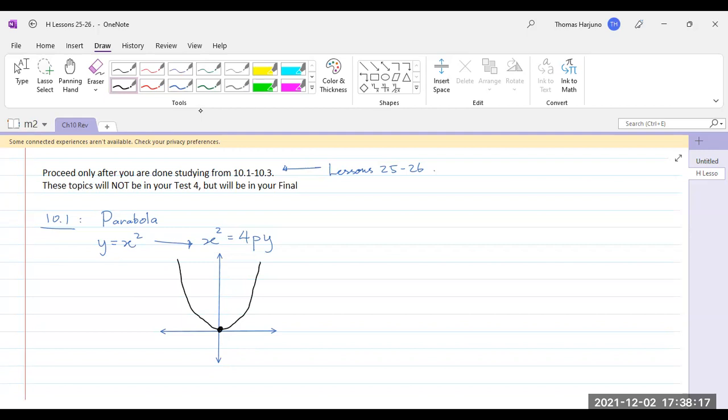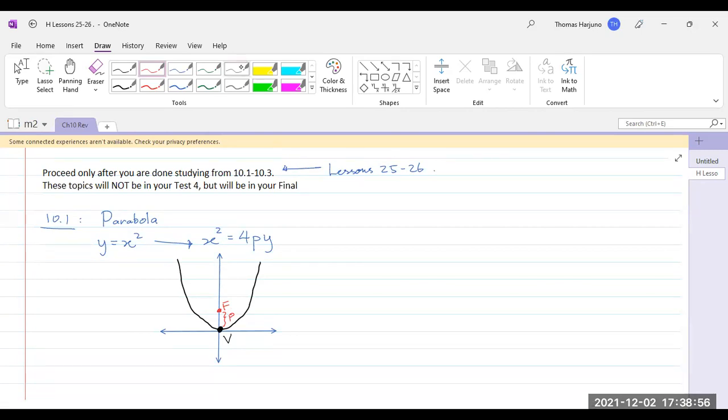But then we have additional information right now. This p tells us how far the focus is from the vertex. This is the focus here, and this is the vertex. The distance from the vertex to the focus is p units, into the curvature of the parabola.